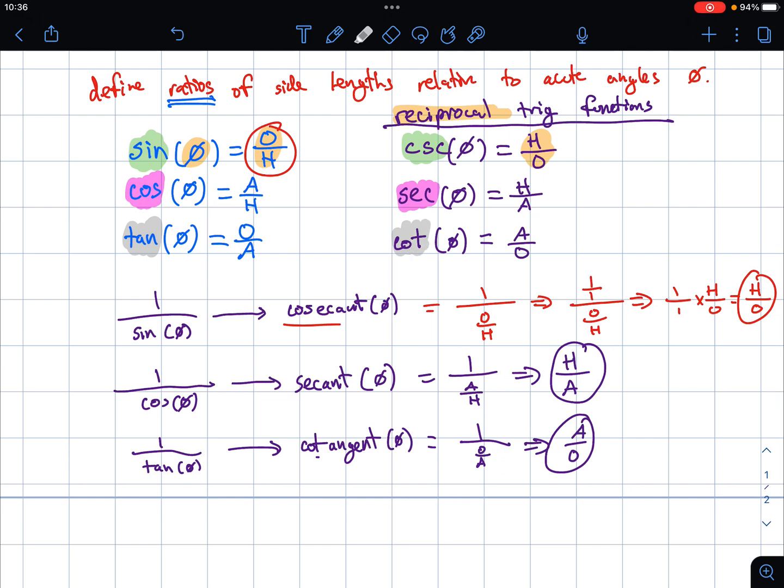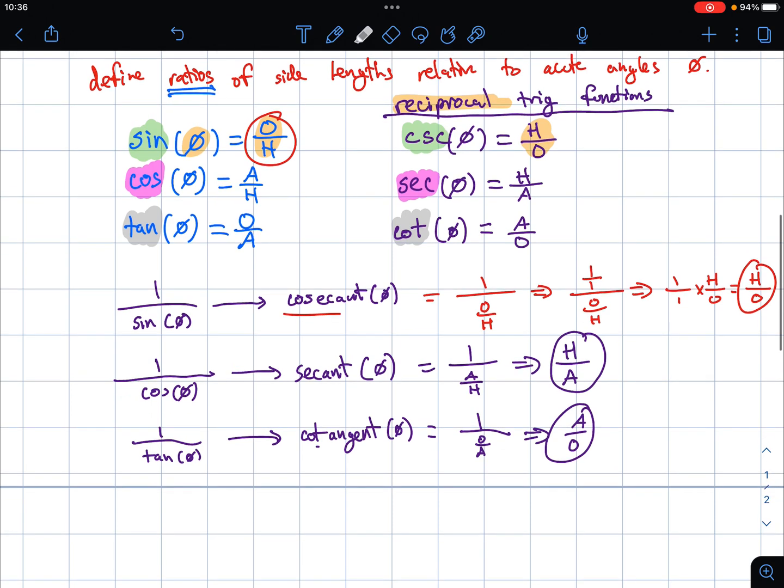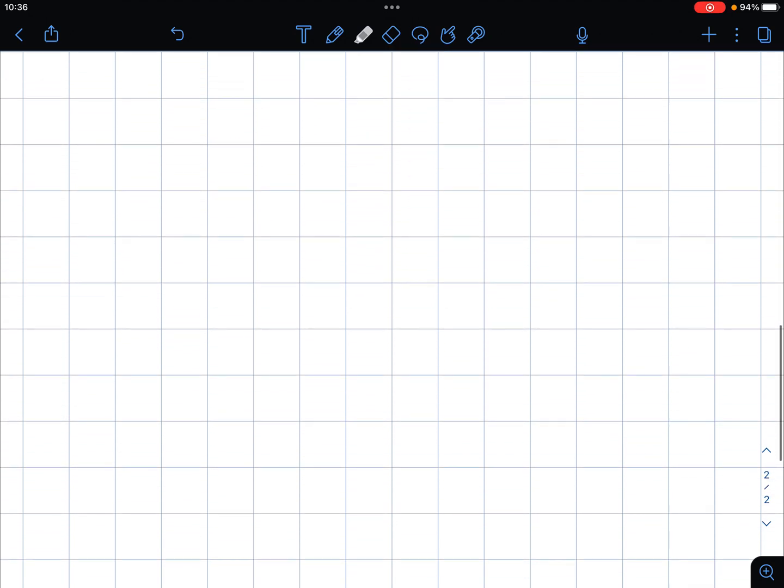All right, so let's look at an example using all of our new reciprocal trig functions. So let's say I have some right triangle, and let's use one of our classics. Let's use the 3, 4, 5 Pythagorean triple. And let's pick an angle theta, and we know this is a right angle. And say I want to get all 6 trig ratios.